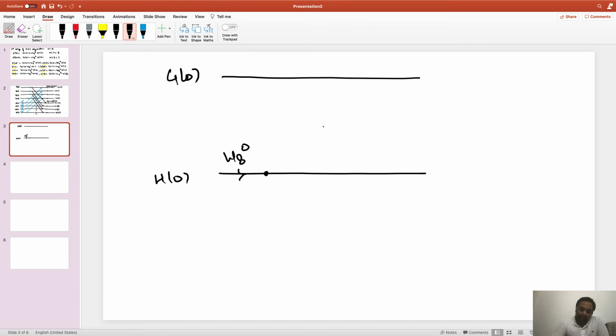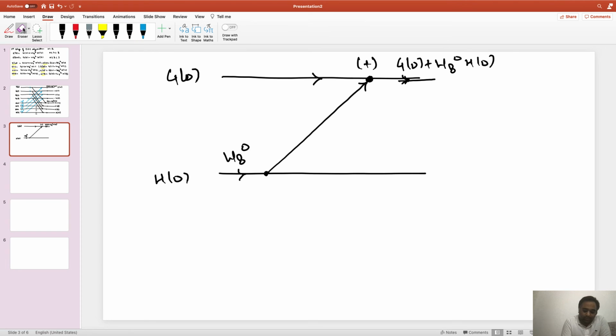You pick up this value from here, you take this value here, from here G0 is coming, they get added here. So this actually means an addition, and that would give you the value G0 plus W8^0 H0, and then you will end up with X0.